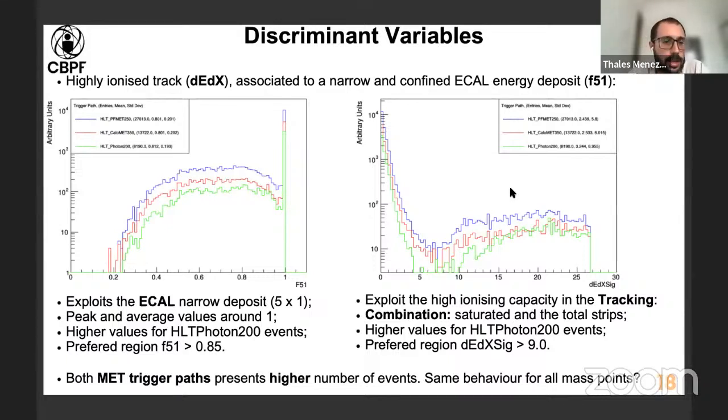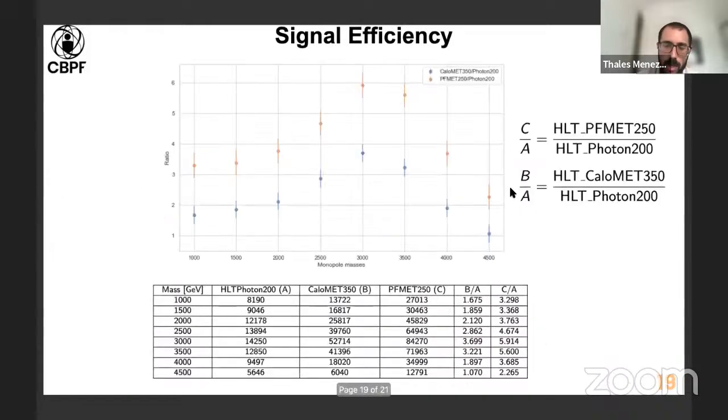We have this factor of 3 in available events, and you can see in this table the number of events for our single photon trigger and the number of events for both match triggers that we are studying to apply.